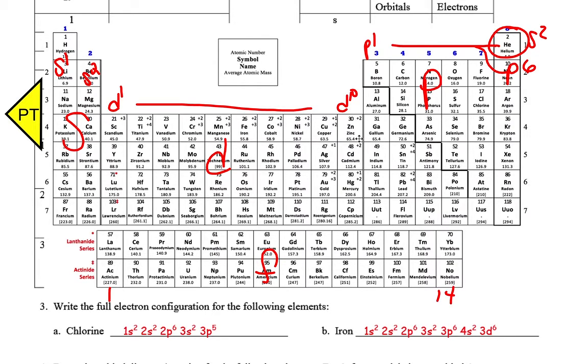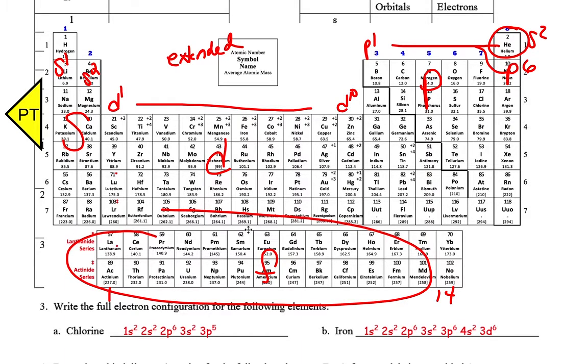Now this is the regular periodic table. The extended periodic table, I don't have a picture of here, but you should have it in your notes. This whole section here, 57 up through 70, fits right in there. So picture taking this whole section and moving it way over there and scooching this section up in here.